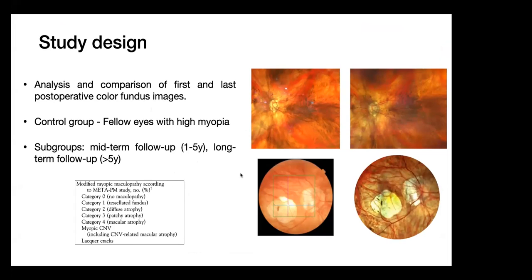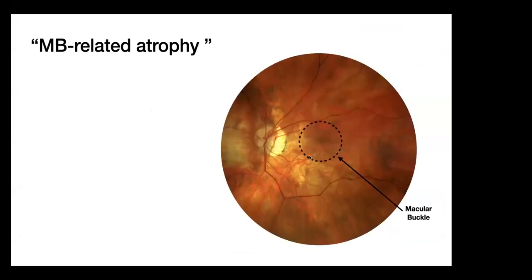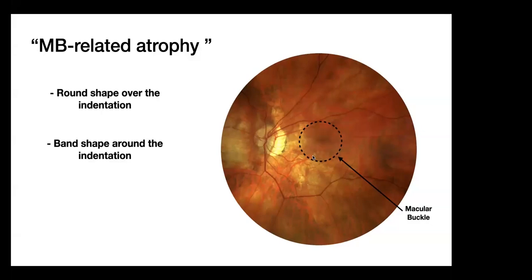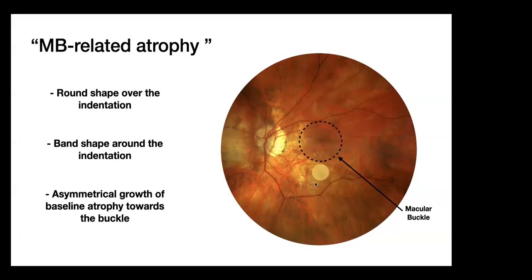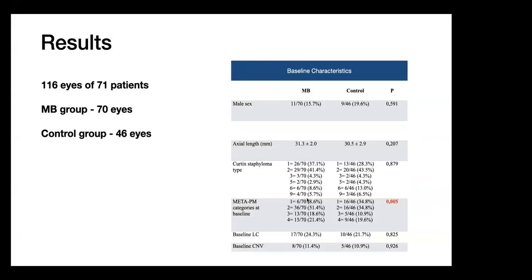I have used the same parameters to study atrophy as Ohno-Matsui did, studying if the atrophy was induced in the buccal area, in the surroundings, or if I had an enlargement of atrophy close to the buccal.